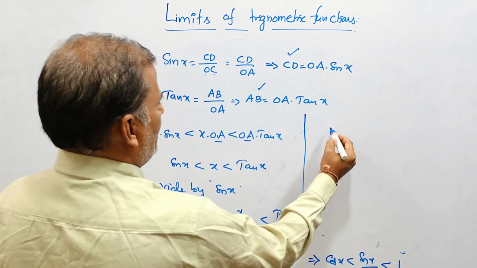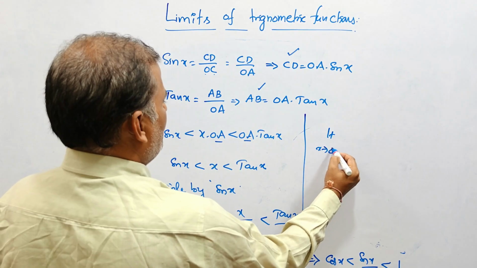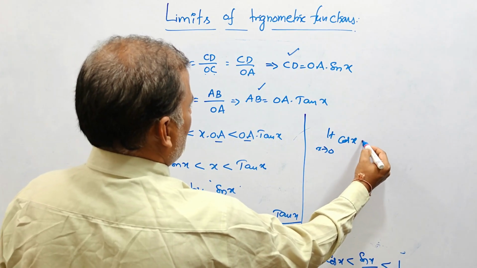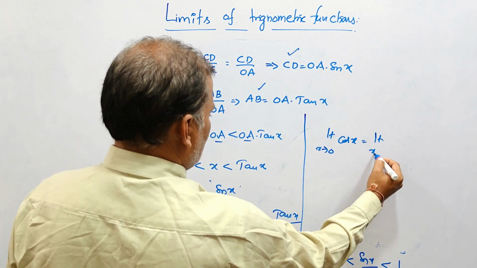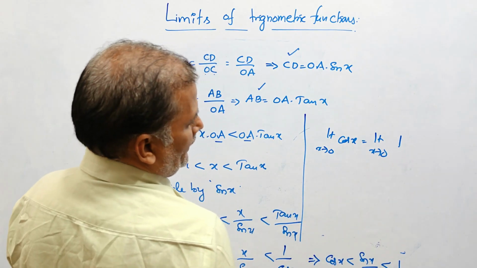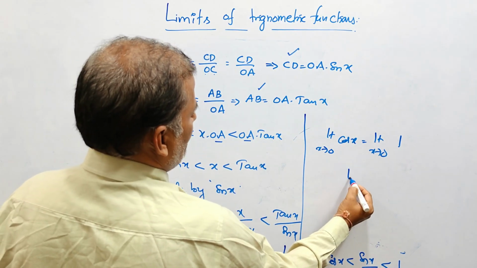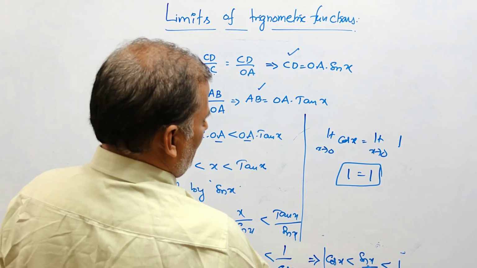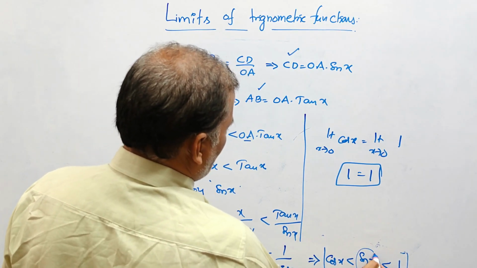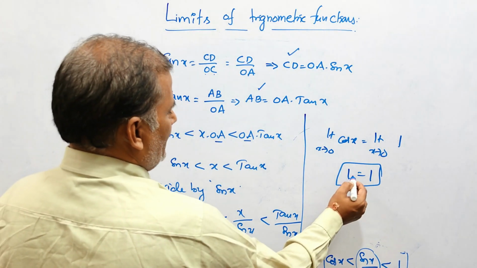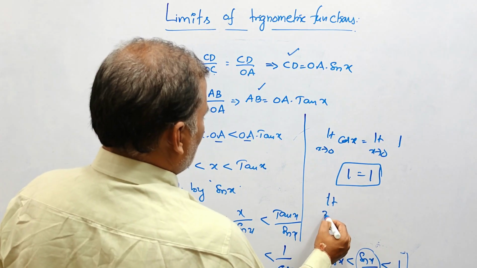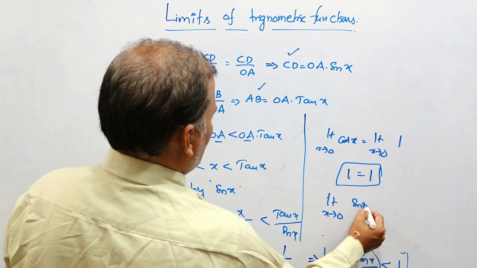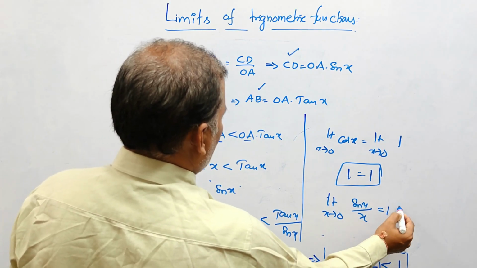Now apply the limit here, limit x tends to 0. Cos x is equal to 1, and limit x tends to 0 of 1 is a constant, 1. Here cos 0 is equal to 1, and 1 is equal to 1. Now these two sandwich sin x by x. Therefore, limit x tends to 0 of sin x by x is equal to 1.